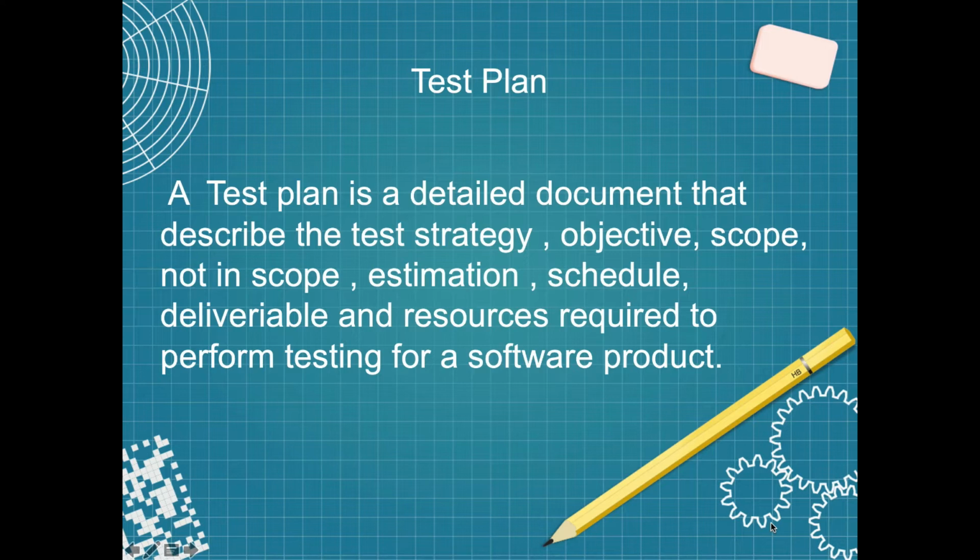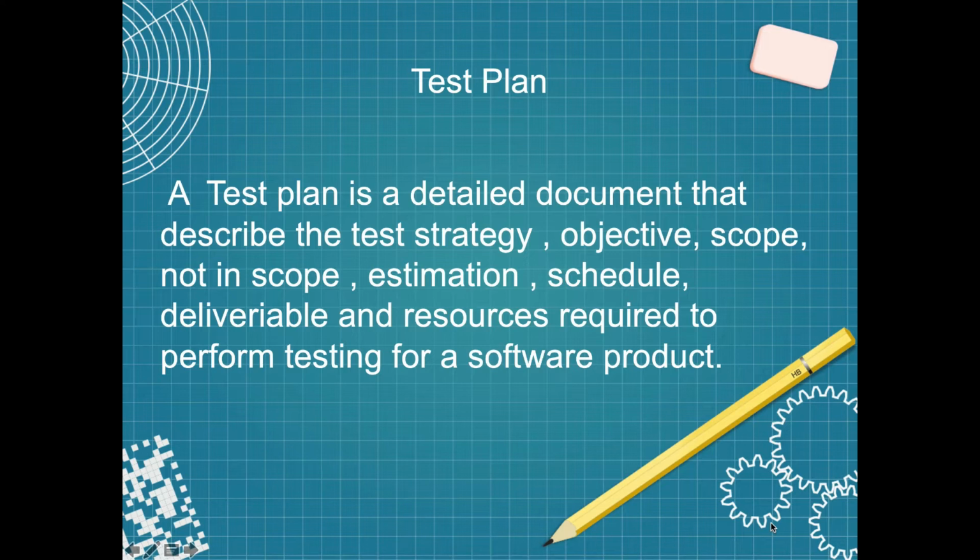Schedule is nothing but when we are going to start the project, when we are going to test in the QA environment, when we are going to test in the staging environment, and what the deliverables are. Deliverables are nothing but the number of functionalities, and the resources are the people who work in this testing project.